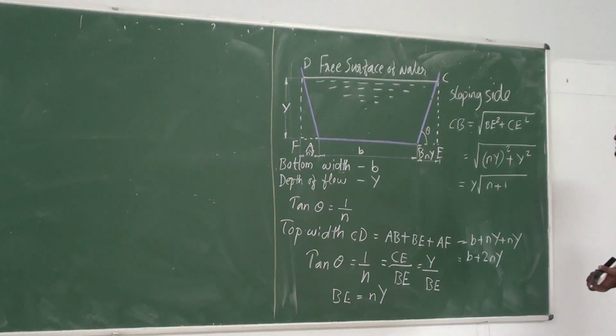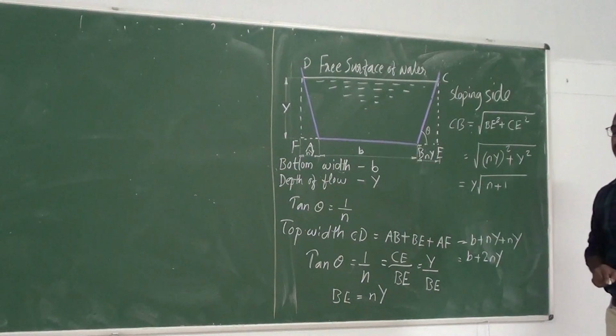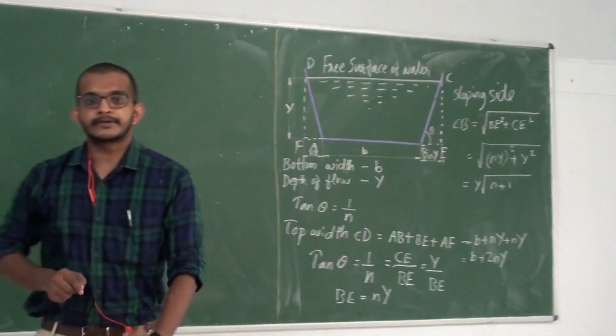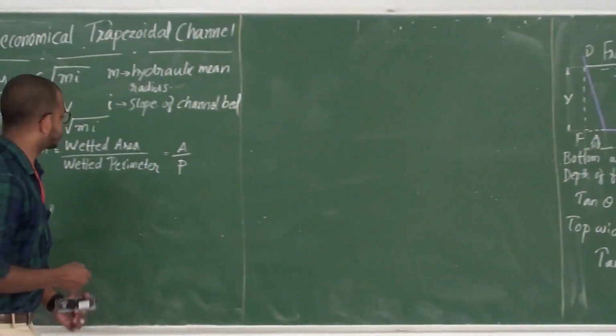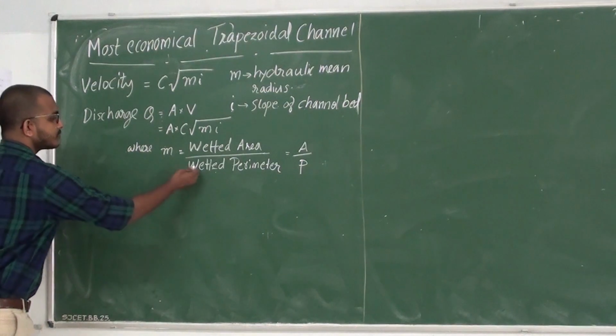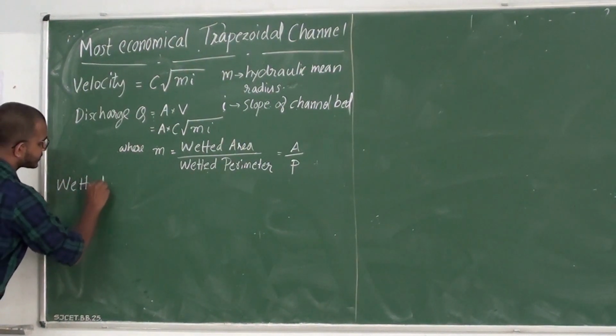So the length of the sloping side is equal to Y into square root of N square plus 1. Okay. So now let us find out the wetted area and wetted perimeter. So first one, wetted perimeter.